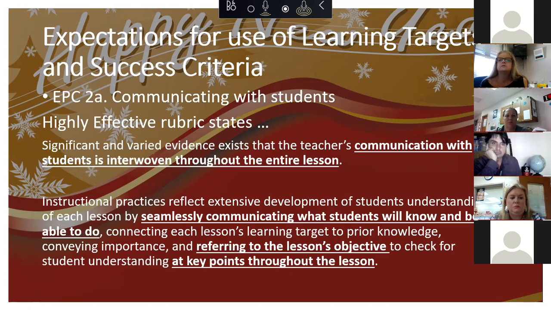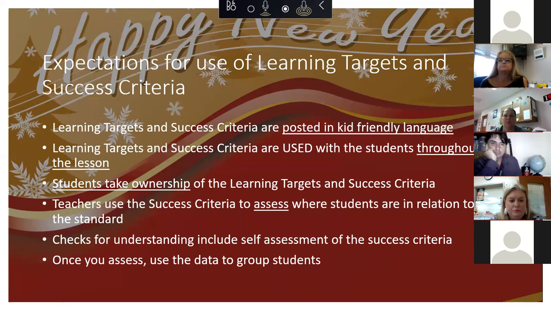All right, so what are we looking for? So these are the things that Ms. Reneska and I are looking for. We are looking for learning targets and success criteria posted in kid-friendly language in the classroom. We are looking for learning targets and success criteria being used with students throughout the lesson.